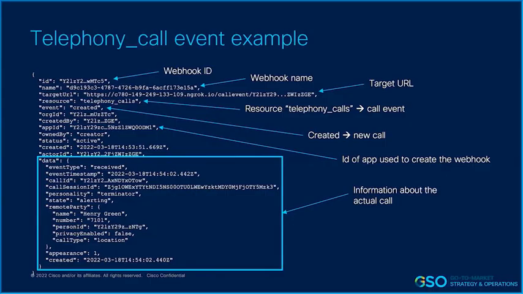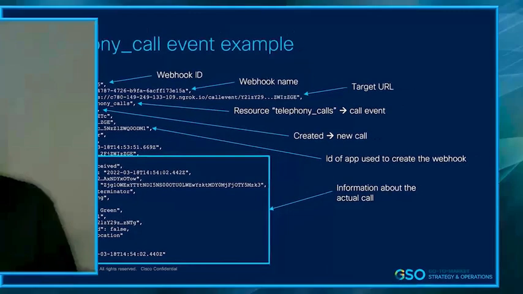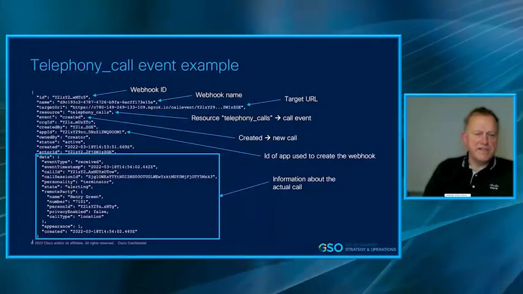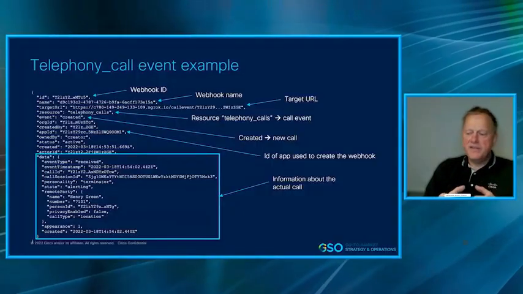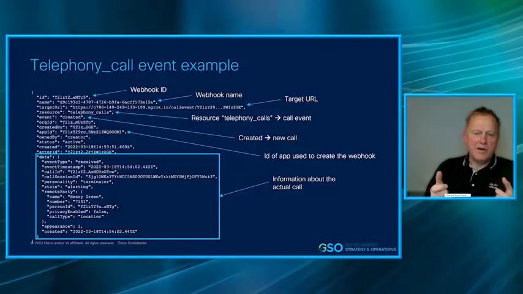Then we see the target URL, and in this example, you see that this target URL is a temporary URL on ngrok.io. So this event was sent to a public URL on ngrok and then got redirected to a local web server.